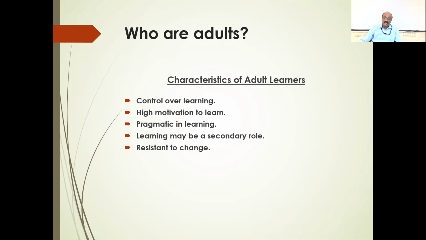Resistance to change. Learning often involves changes in attitude or actions. Adults tend to be somewhat resistant to such change and may be comfortable doing things the way they have done them in the past. So the next characteristic is adult learners are more diverse.